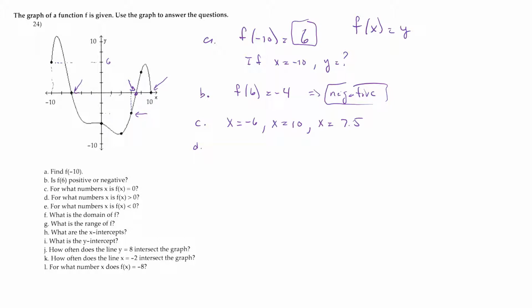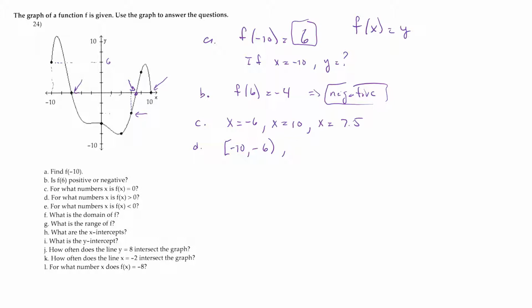For what numbers x is y greater than 0, f of x greater than 0? They want me to identify all the x coordinates that have positive y coordinates. It looks like if x is any number between negative 10 and negative 6, the y coordinate is positive.